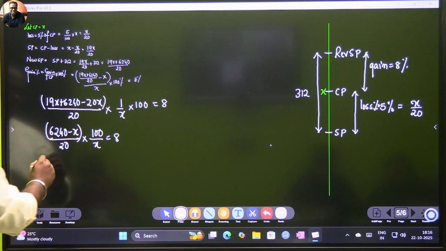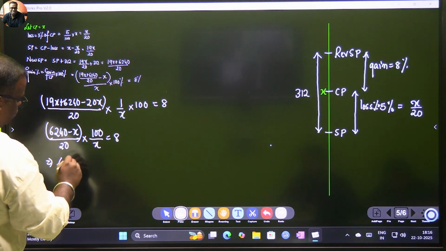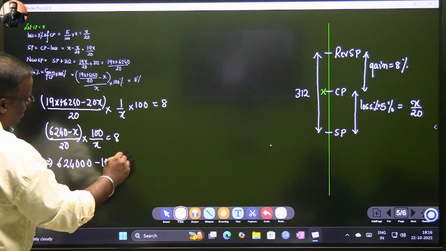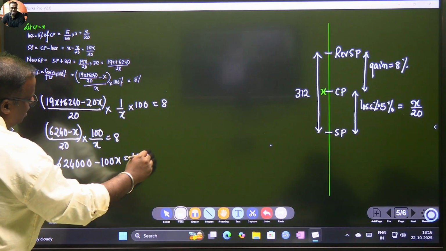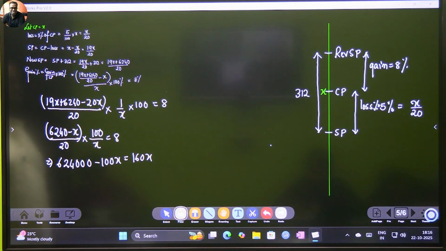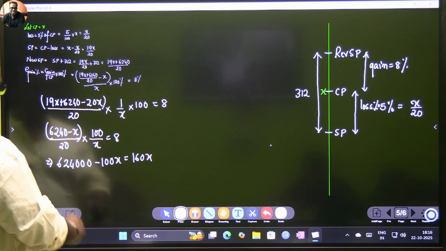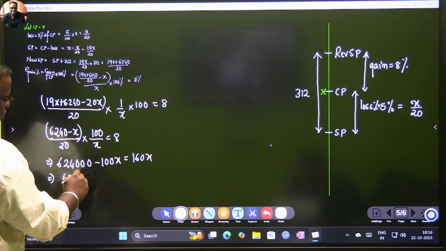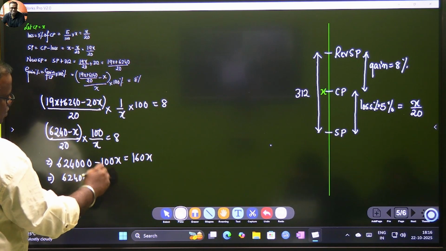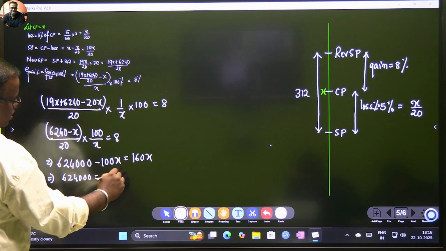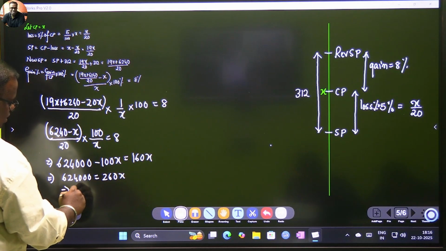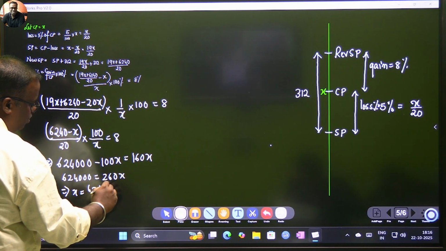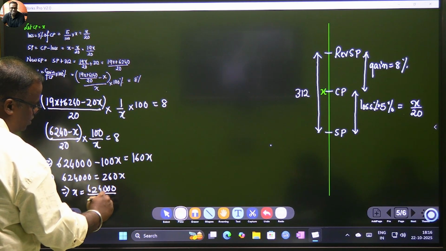So start multiplying now. 624000 minus 100x is equal to 160x. Clear? Or 624,000 is equal to 260x, or x is equal to 624,000 divided by 260.